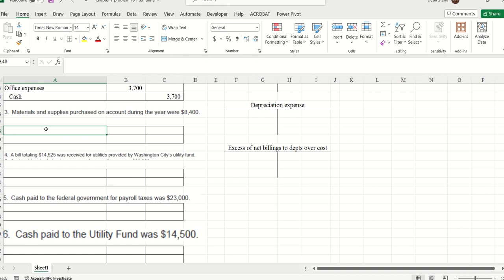So we're going to have materials and supplies inventory. And it says that we purchased them on account. Okay, purchased on account. What does that mean? It means we didn't pay them yet, right? We owe them.